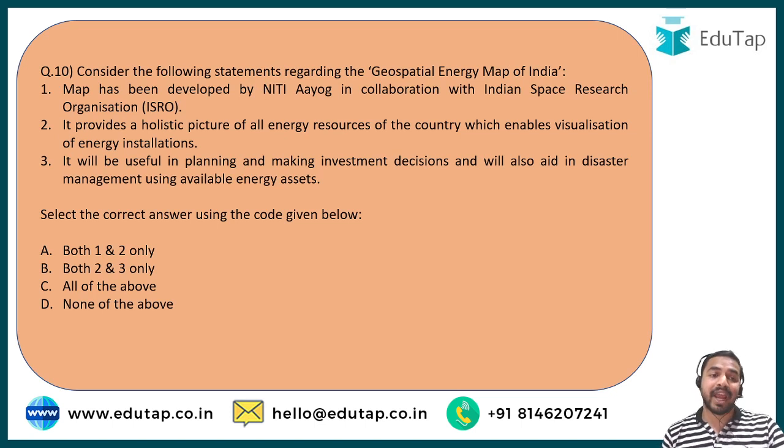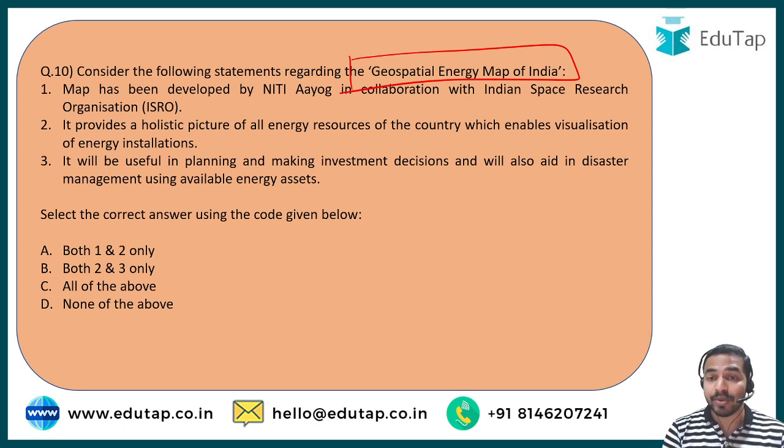That is question number 10, which is about the geospatial energy map of India. So recently the geospatial energy map of India has been launched, and you are required to tell me which one of the following statements is correct about the geospatial energy map of India. Please tell me in the comment section below what exactly is the right answer.